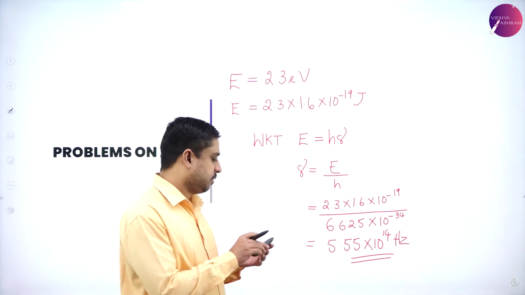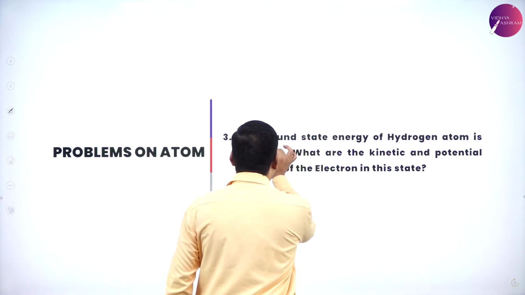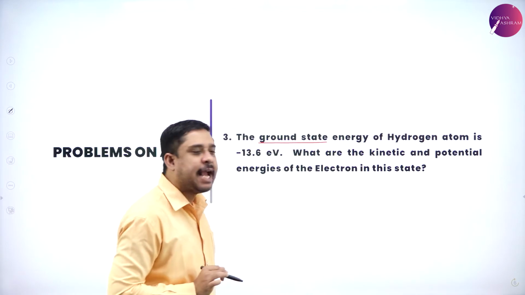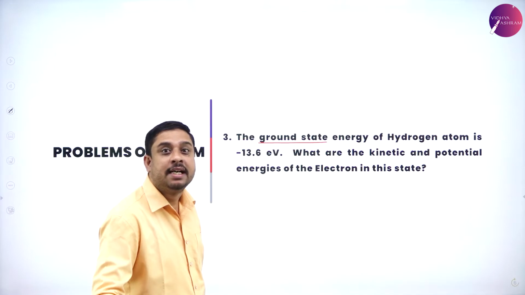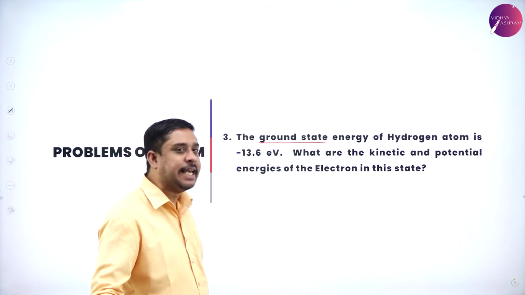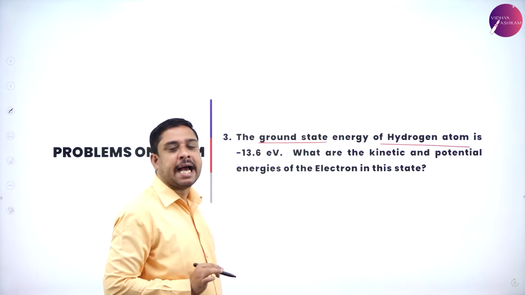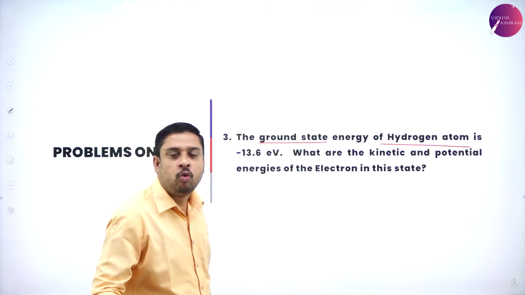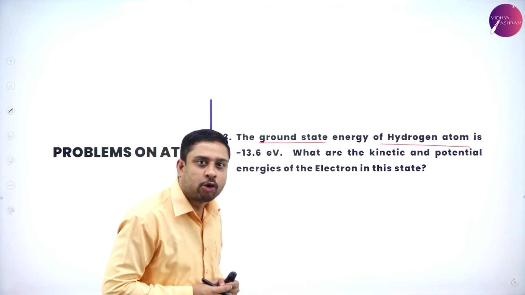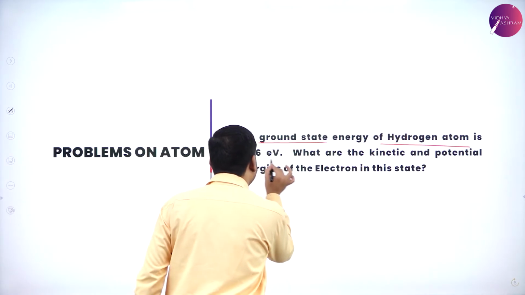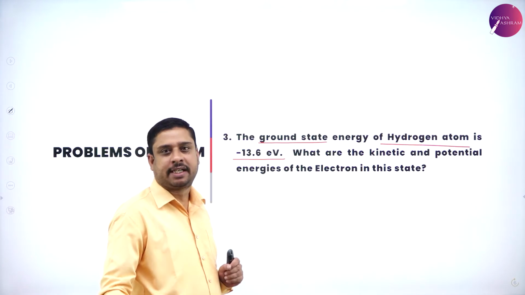Next one, students. The problem says the ground state energy of hydrogen atom is minus 13.6 electron volt.